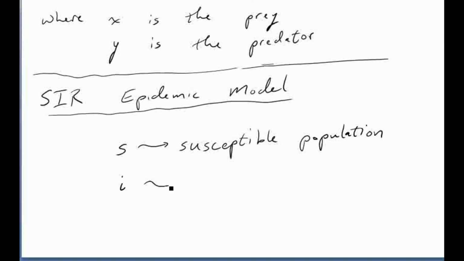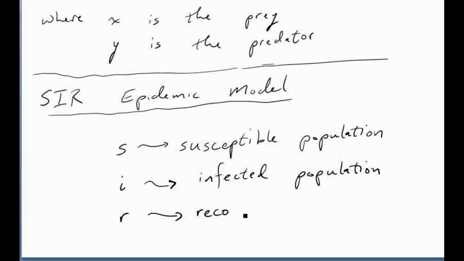I represents the infected, the currently infected population, and R represents the recovered or removed, in other words, removed from the susceptible population.